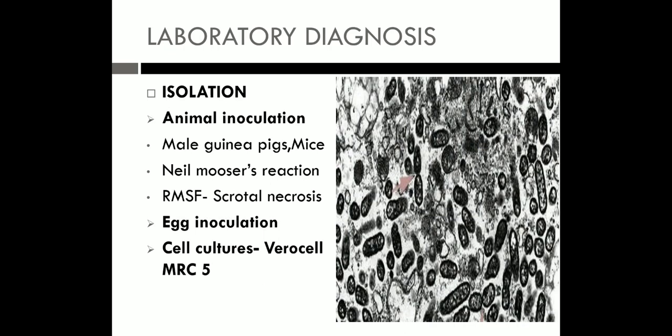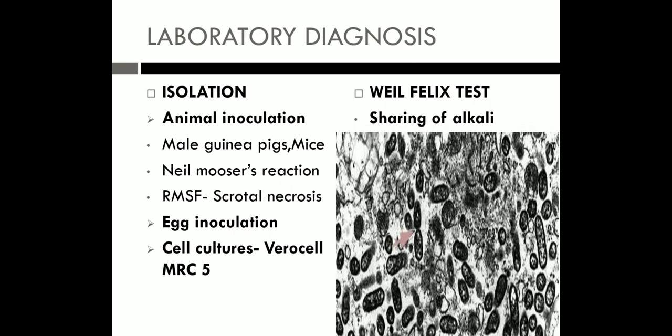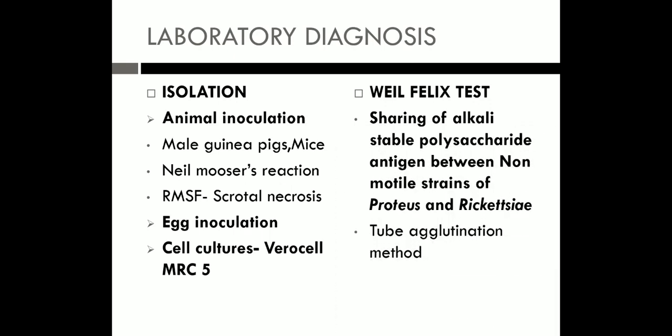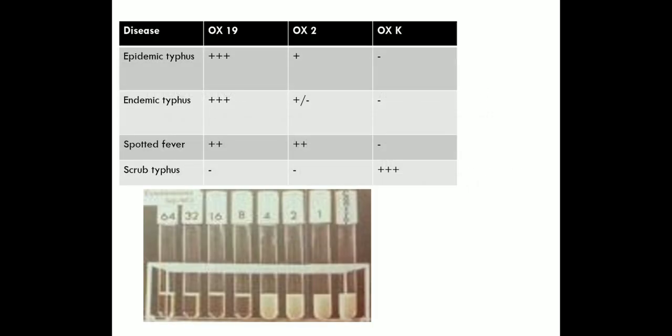Please also be informed that along with Rickettsia typhi, a positive Neill-Mooser reaction will also be given by other species like Rickettsia conorii and Rickettsia akari. Egg inoculation and cell culture methods in Vero cell line and MRC5 lines are also other methods used to isolate this organism.